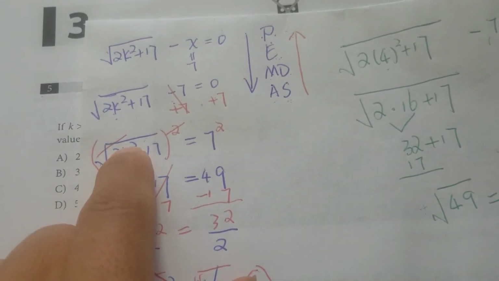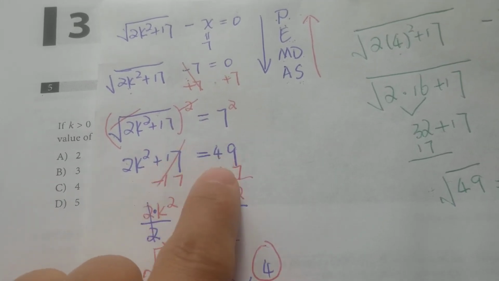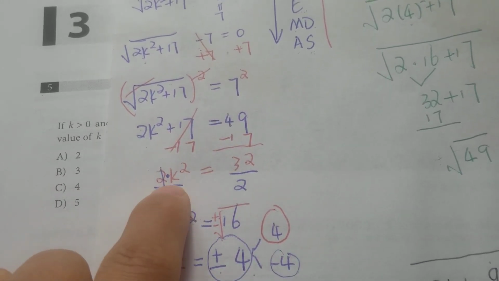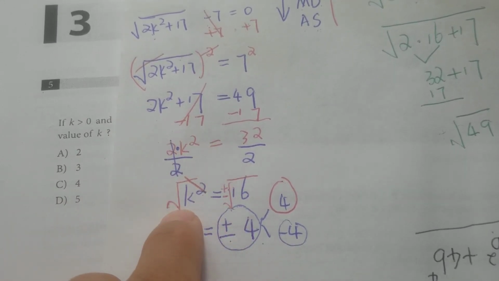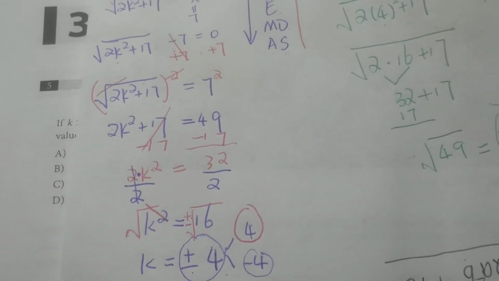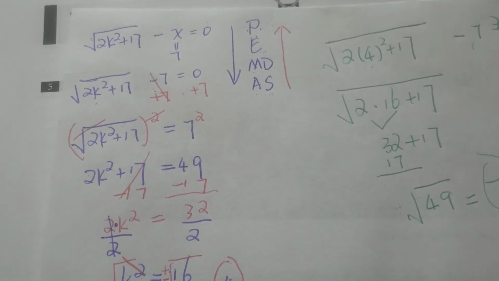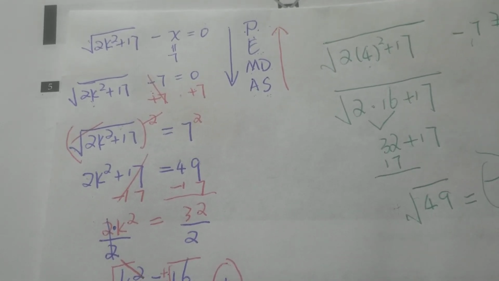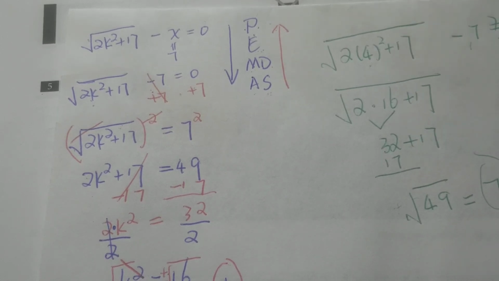If you have a square root, you square it. You have addition, you subtract. You have multiplication, you divide. And then you have a square, you take the square root. This is all you need to do. And you need to do this quickly, because you only have about 1 minute to solve this question. This is all for question number 5.